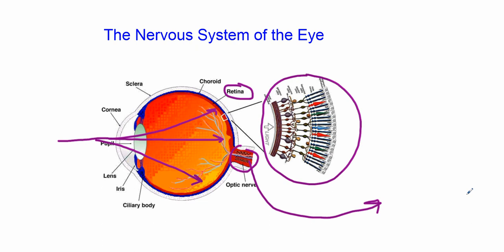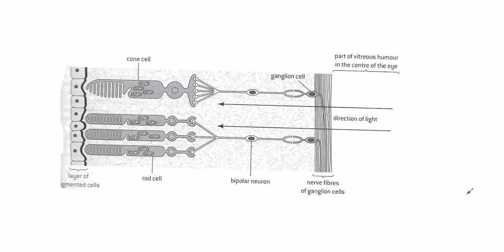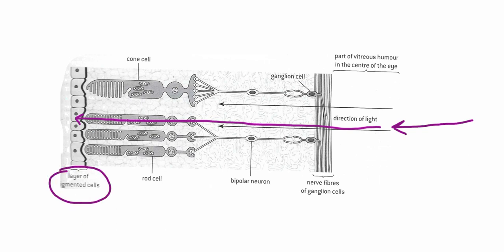So let's take a close look at the retina. Here's a little slice of the retina, and just in case you're lost, this picture is going this way. Light is coming in from the front of the eye. The interesting thing is that the light goes all the way through the retina layer until it hits the very deepest part, which is the pigmented cells. That was the colored portion we saw in the dissection.